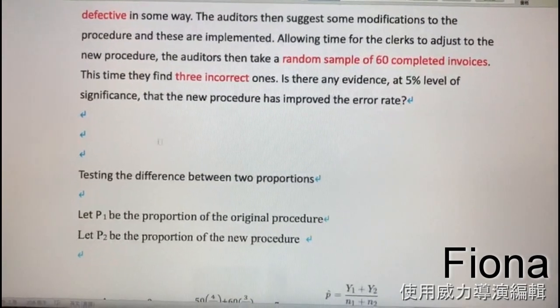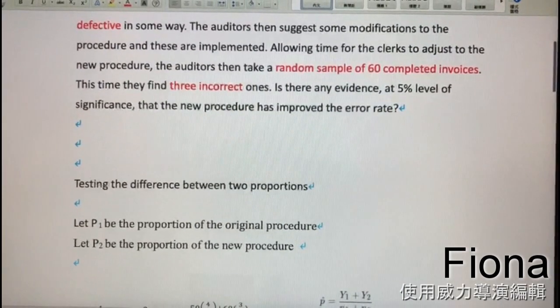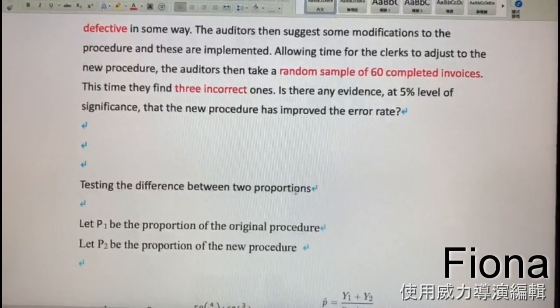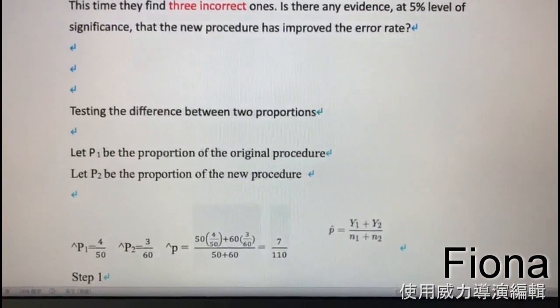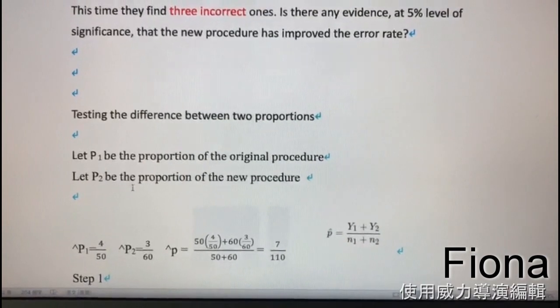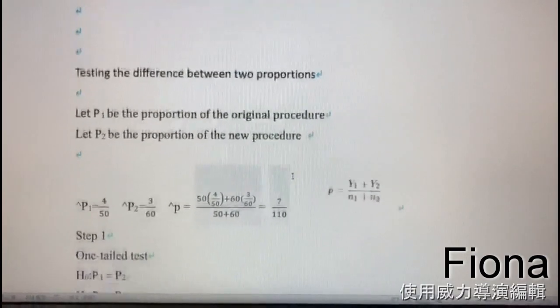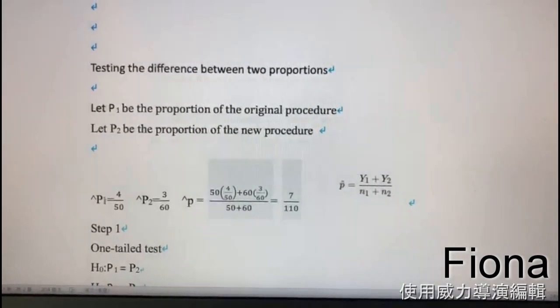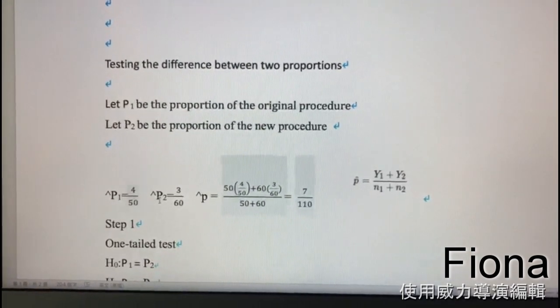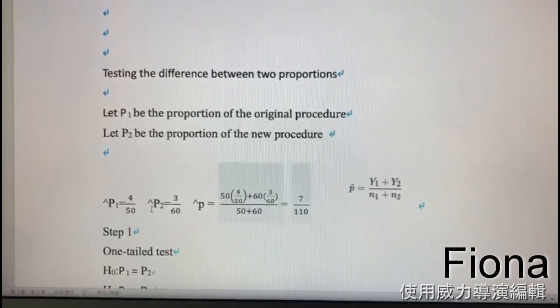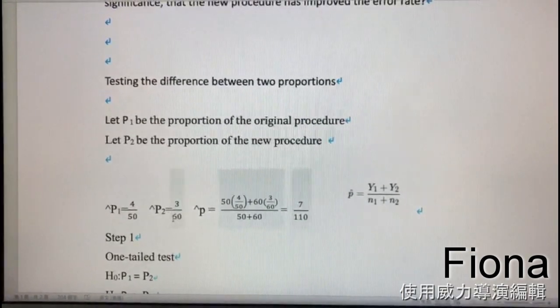From this question, we can see we need to test the differences between two proportions. First, let P1 be the proportion of the original procedure and P2 be the proportion of the new procedure. The sample proportion of the original one is 4 over 15, and the sample proportion of the new procedure is 3 over 16.